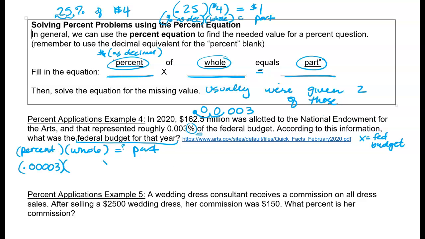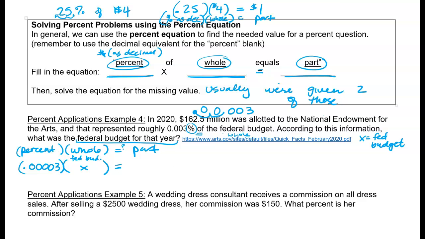I want to take that percentage of the whole. And so we see this word "of" here. We're taking 0.003% of the federal budget. So the federal budget is going to be my whole. Since I don't know what the federal budget is, I could write federal budget or I could just write an X there. And then that's going to be equal to the part.